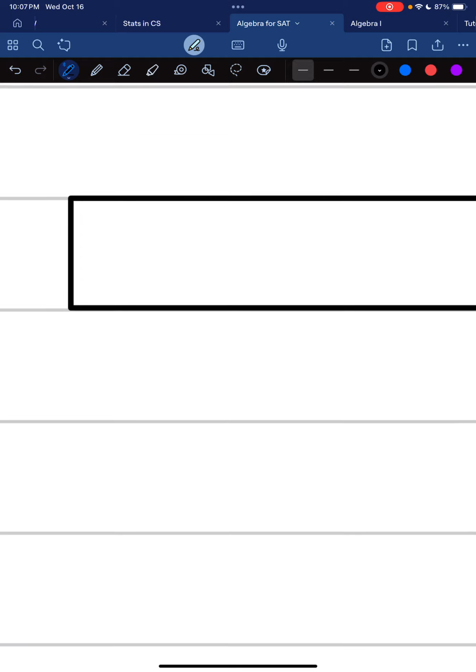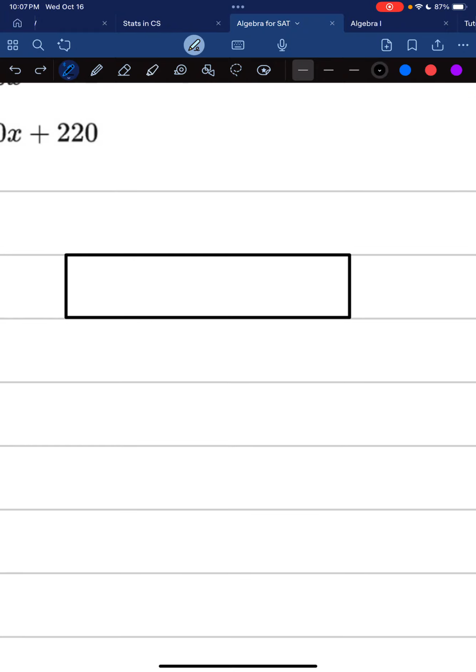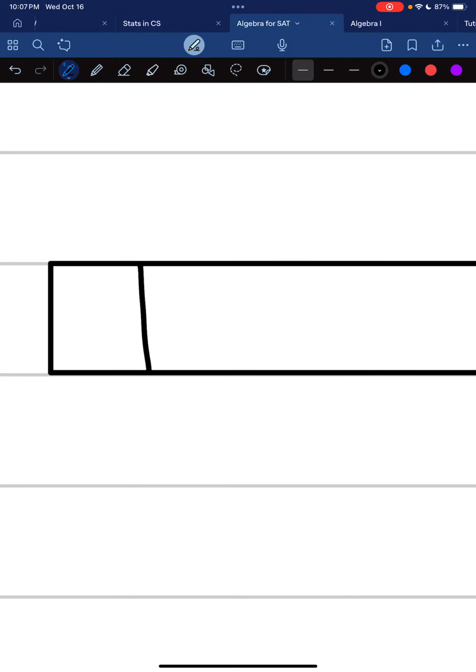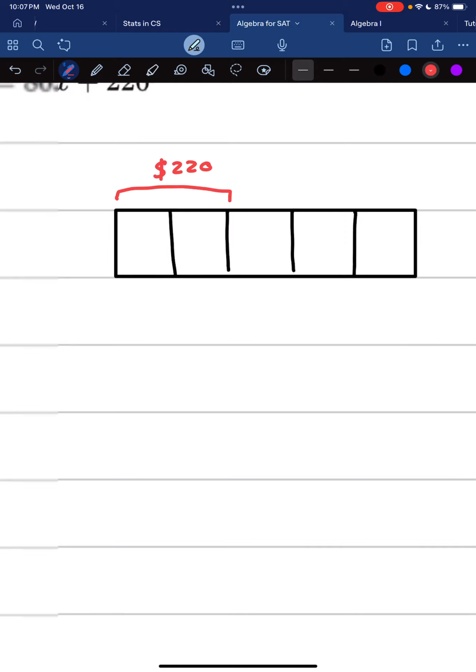if we make a drawing to model this, the first 2 hours are going to cost, let me draw those hours longer. The first 2 hours cost $220, and after that, you have some sort of hourly rate that we don't know.